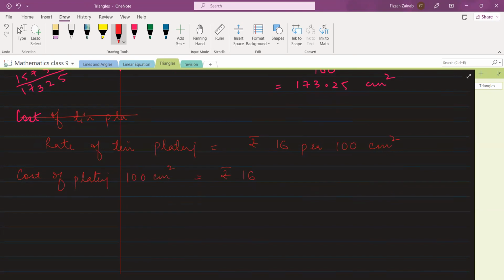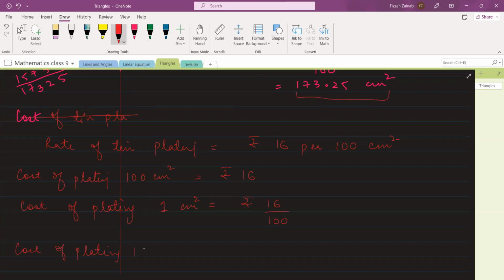Okay. So that means cost of plating 1 centimeter square, it will be rupees 16 divided by 100, isn't it? Unitary method I'm using. Now cost of plating. Now we have this much centimeter square.